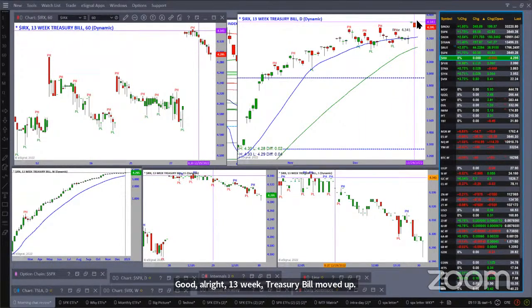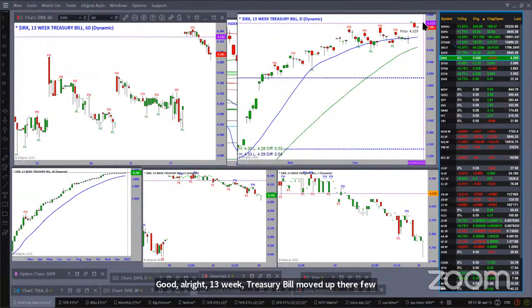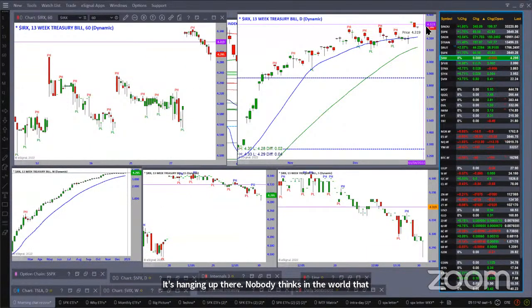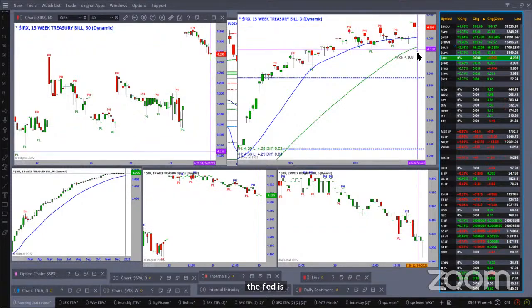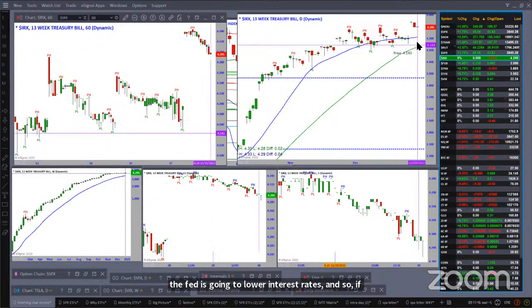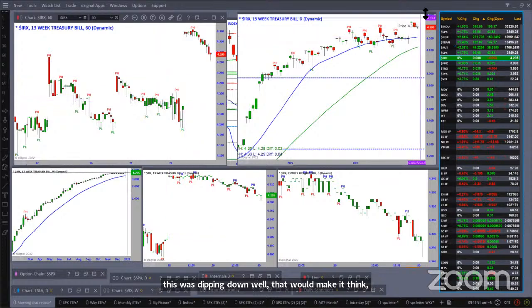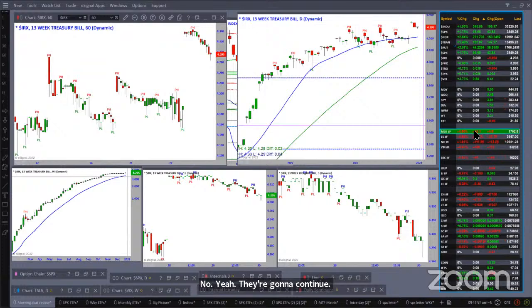It's hanging up there. Nobody in the world thinks the Fed is going to lower interest rates. So if this was dipping down, that would make me think something's changing. Right now, nothing's changing, so they're going to continue at whatever pace they're going to. We'll find out.